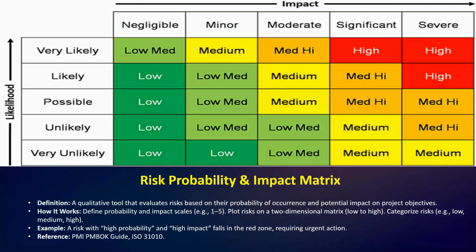Those that fall into the high probability and high impact quadrant, what we call the red zone, are the ones we need to act on immediately, and they are the most dangerous. Here you can see high here.